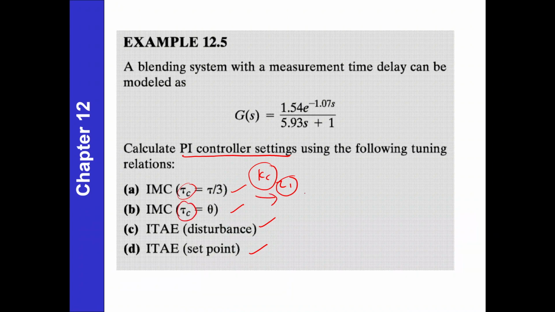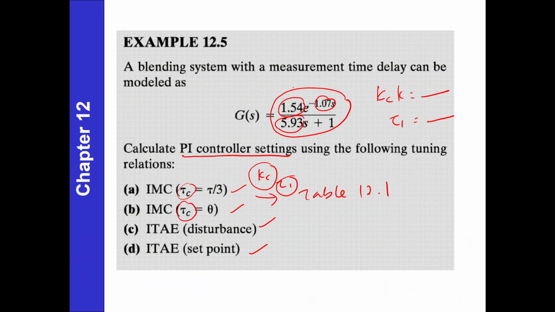Just refer to table 12.1, find the model, and then find the equation for Kc and tau I. Then substitute the value of theta, the value of tau, and the value of K. This is K, this is theta, this is tau.